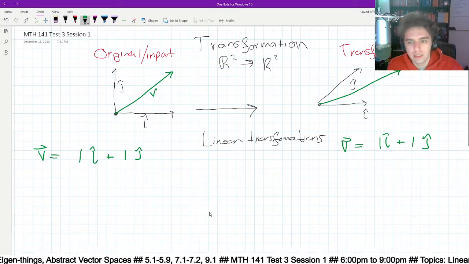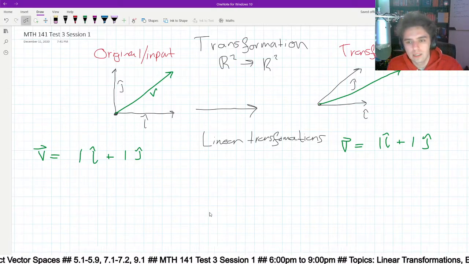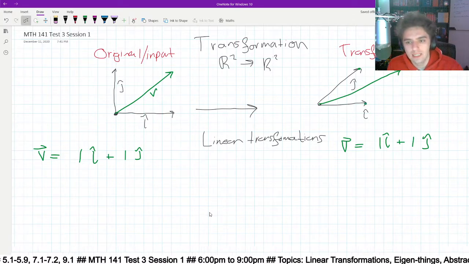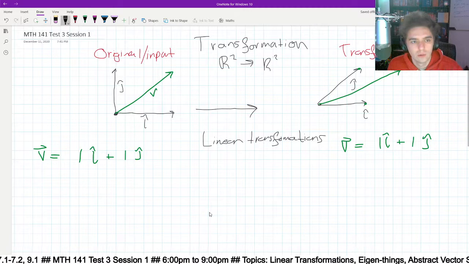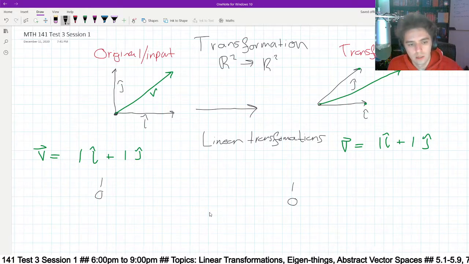And the way you'd write this transformation is you'd say, where does i hat and where does j hat land? In this case, i hat stays in the same spot. So i hat originally was 1, 0, and j hat was 0, 1.